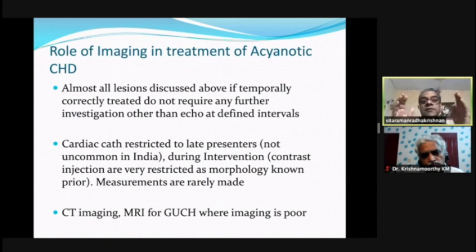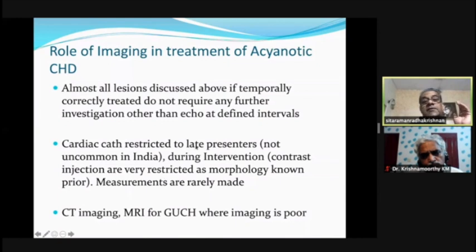Remember that there is no substitute other than cardiac catheterization for assessment of pulmonary hypertension. Echocardiography gives you just an estimate of pulmonary artery pressure. But if that is not an issue, then no other things are required.